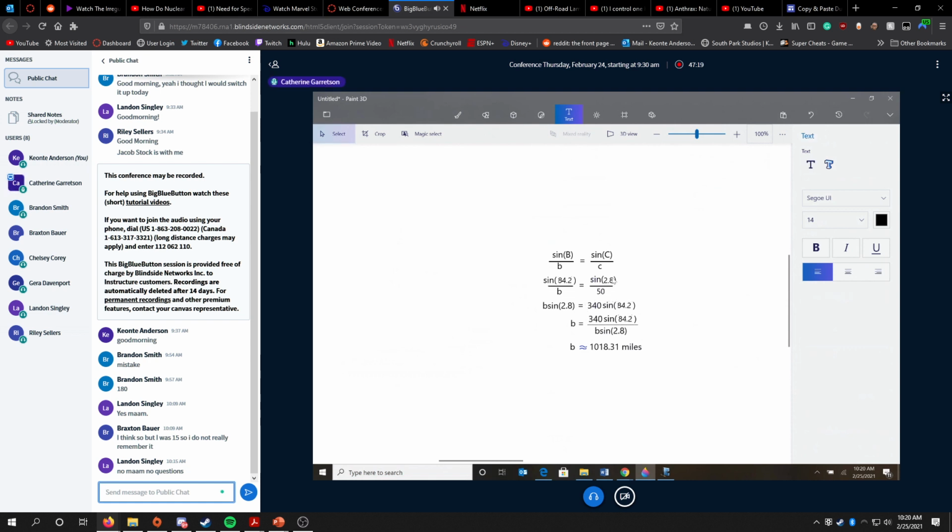So the angle 2.8 compared to its opposite side 50, the angle 84.2 compared to its opposite side B that we're trying to find. So now we're going to do our cross products. I think this was the right angle side there. So we're going to replace that with 50.